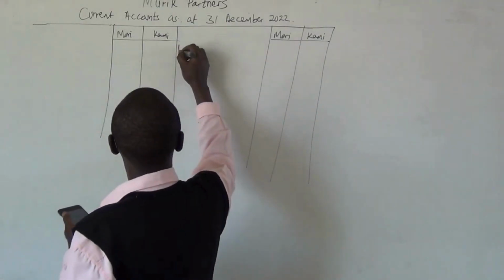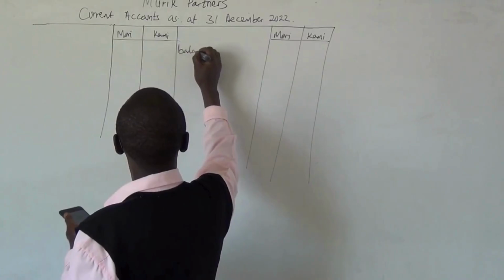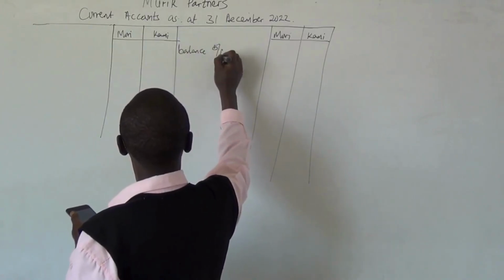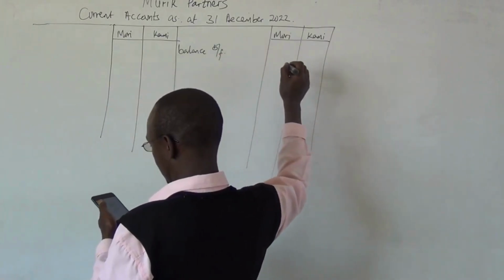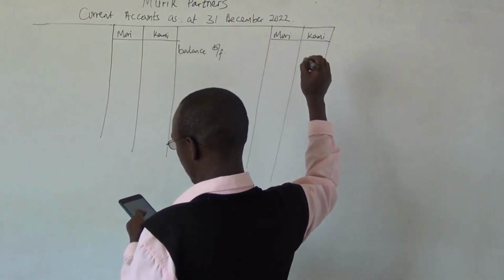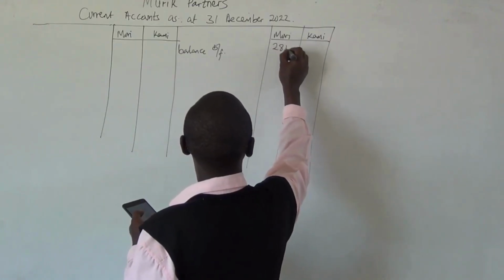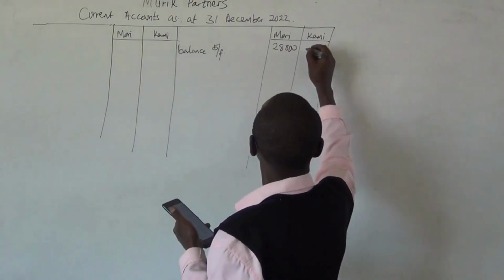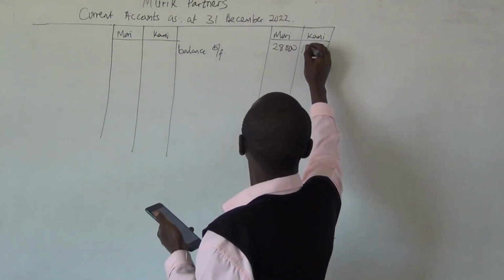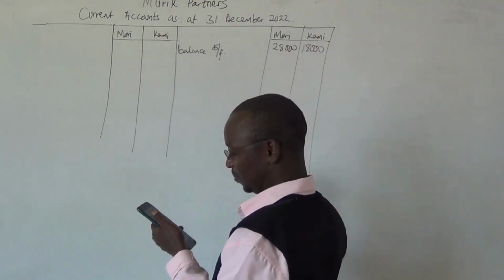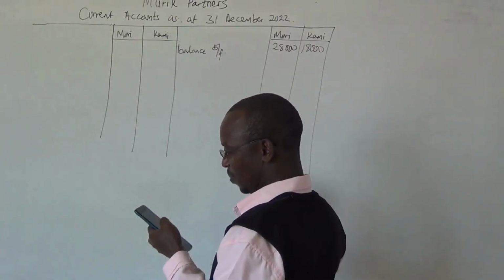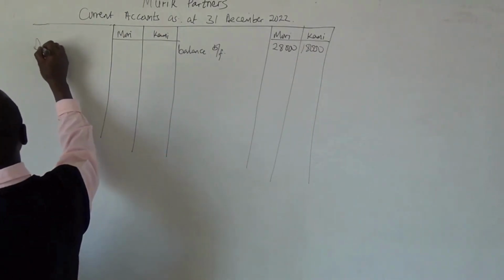Opening balance, you can write it as balance brought forward or brought down. Muri 28,000, Kami 18,000. Then we have drawings. We start with drawings.